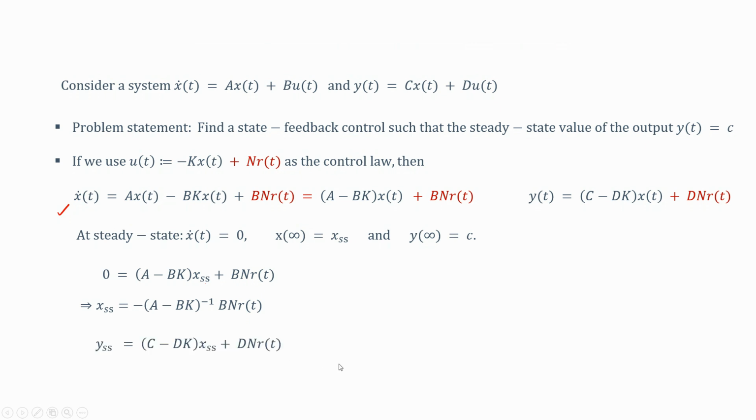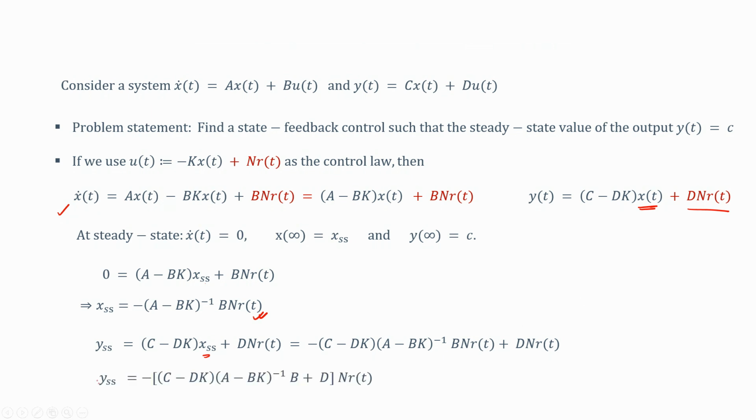So, this is the expression that we get. Now, what about the output expression? The output expression is yss equal to c minus dk, xt becomes xss, plus d and r. Now xss we can replace from this equation to get an expression of this form, which in turn comes out to be this. Now, notice this expression carefully. I want my output to be such that I get a c here.